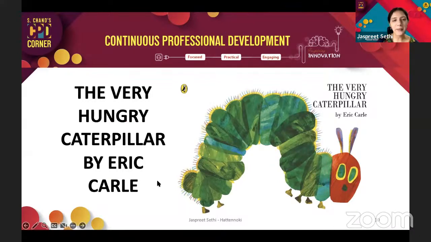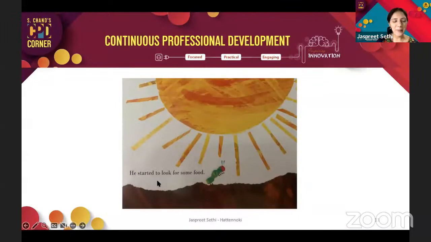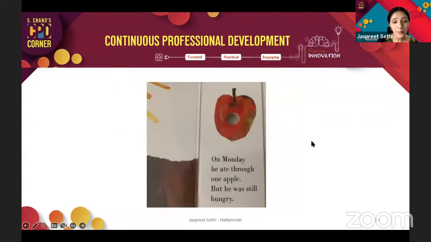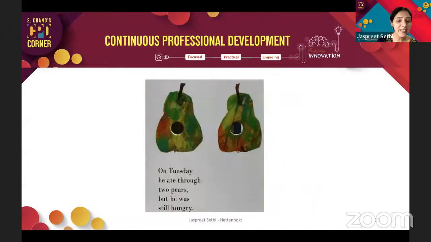So it will be sort of a spoiler, and I will talk about the math connections that the book brings. It starts with an egg on a leaf, and then the egg transforms into a baby caterpillar who starts to look for some food. It's very hungry. Then on Monday, he ate through one apple, but he was still very hungry. On Tuesday, he eats through 2 pears, but was still hungry.